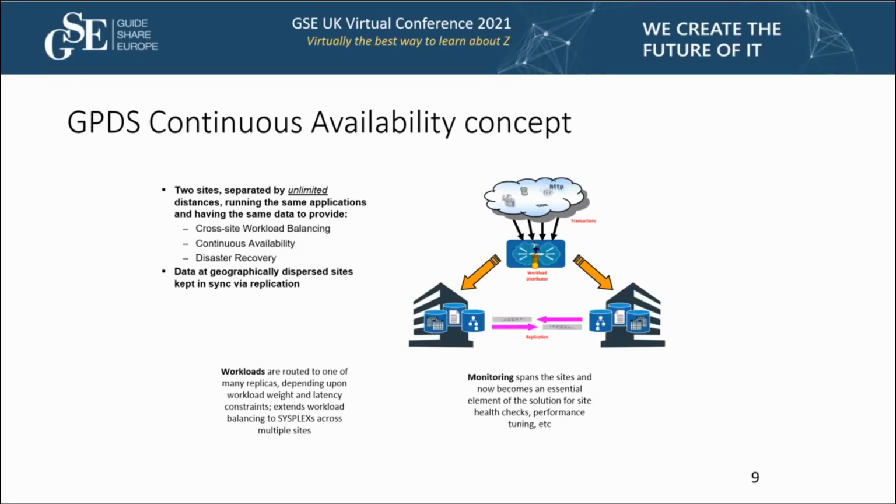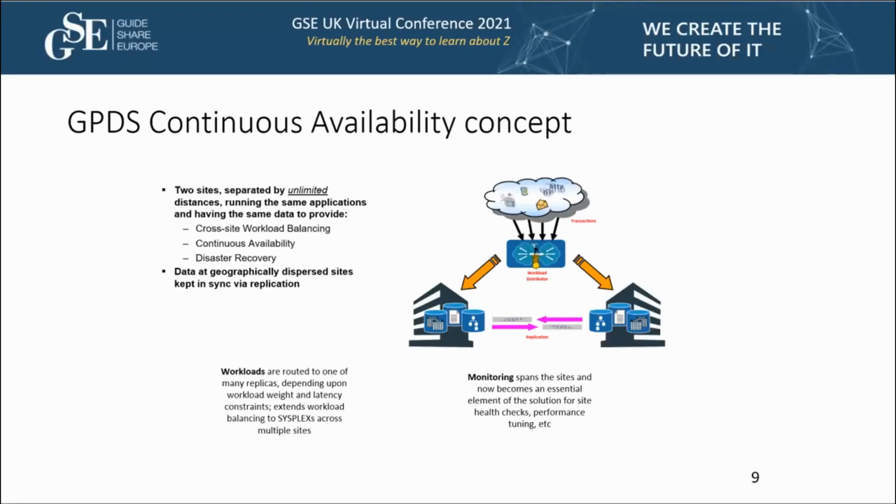Of course, the solution also offers disaster recovery because the distance between the two sites is practically unlimited. So we can use the secondary region as a disaster recovery region. So this is a new concept that GDPS brings with GDPS continuous availability to respond to this customer need.